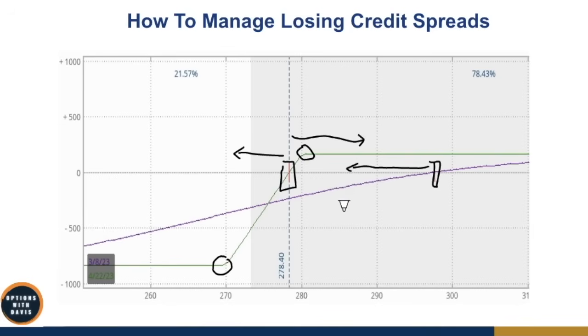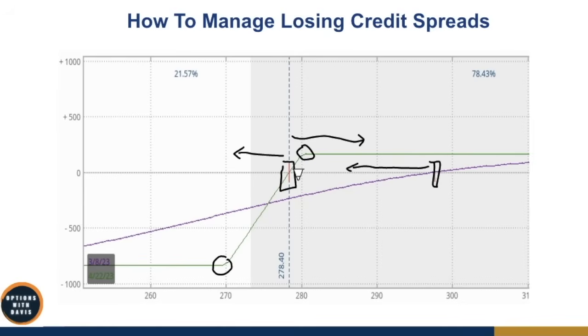Because remember, if you are trading credit spreads, in this case the bull put spread, this is a neutral to bullish position. That means even if the market does go down, as long as it stays above your break-even point at expiration, you will still be in profit.